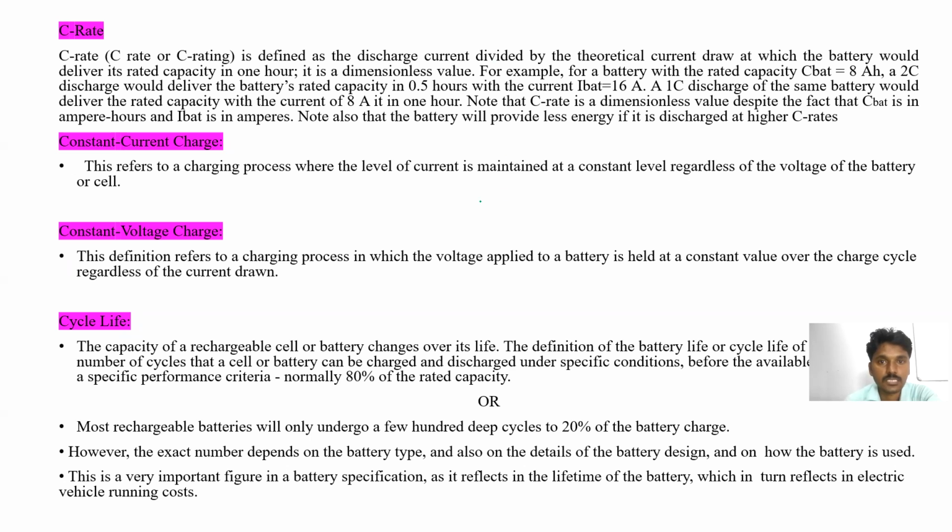So the C rate can be understood like this: for example, the load is receiving 16 amperes, but the rated capacity of the battery is 8. So 16 by 8, how much? 2, no?